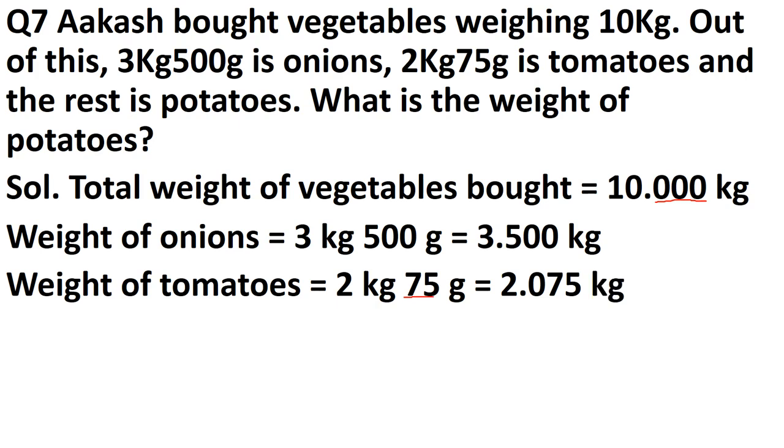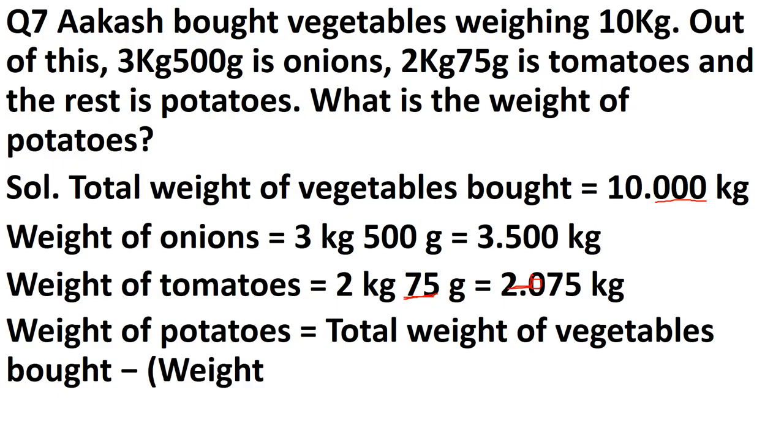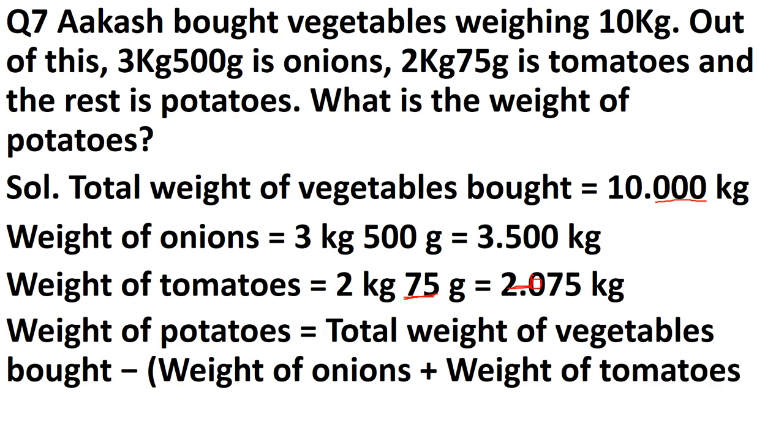Now here are only 2 digits, and we want 3 digits, as 1000 grams are there in 1 kilogram. So 0 we will write down first. It is 2.075 kilogram. So what is the weight of potatoes? It is the total weight of vegetables bought minus the weight of onion plus the weight of tomatoes. From the total weight we will subtract the weight of onion and tomatoes.